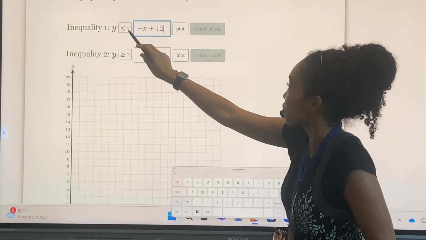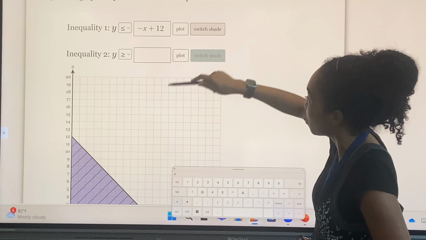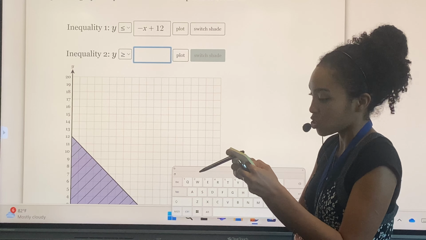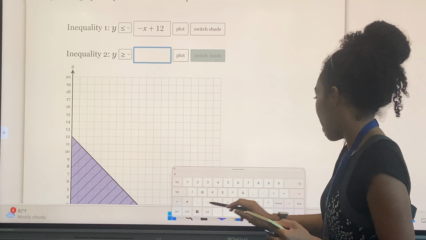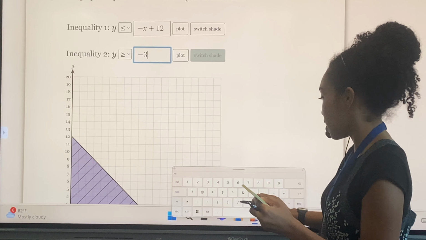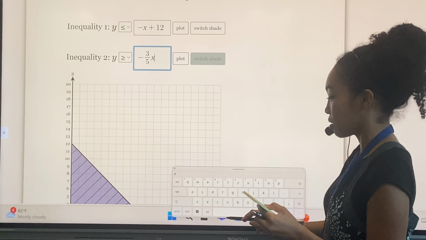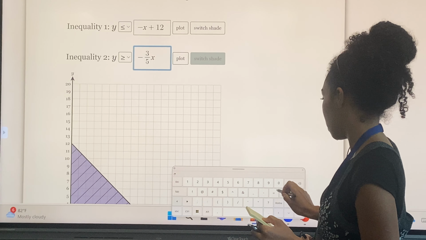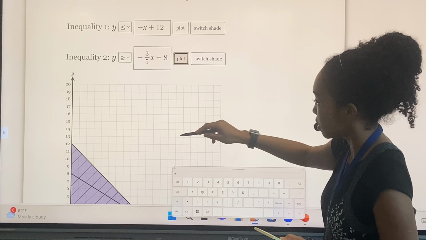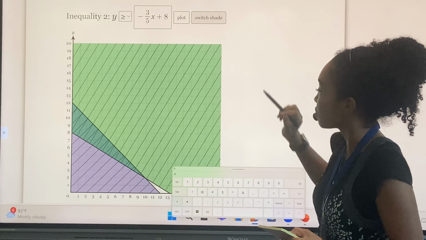And if it's the less than or equal to symbol, here's my line, you're gonna shade below. Your next one is a greater than symbol, and we have Y is greater than or equal to negative 3/4 X plus 8. Plot it, it's right there. And this is the greater than symbol, so you want it to shade above.